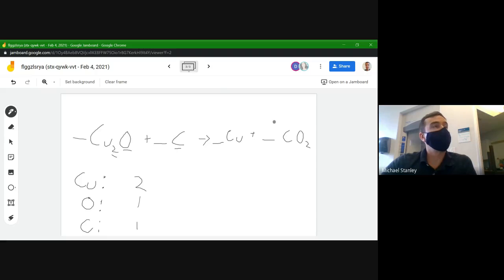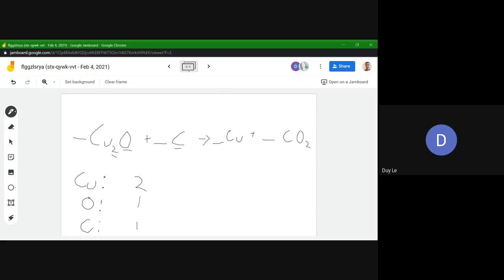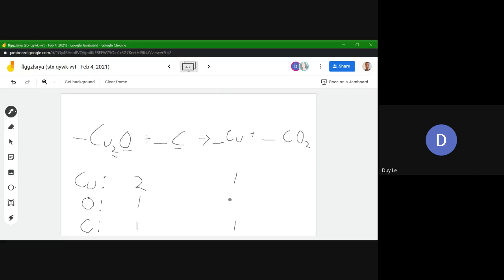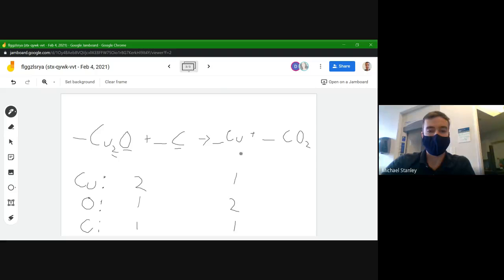On our product side, how many Cus? 1. Correct. How many C's? 1. And how many O's? 2. Exactly. 1 Cu, 1 C, 2 O's. So 2, 1, 1 on the reactant side, 1, 2, 1 on the product side.